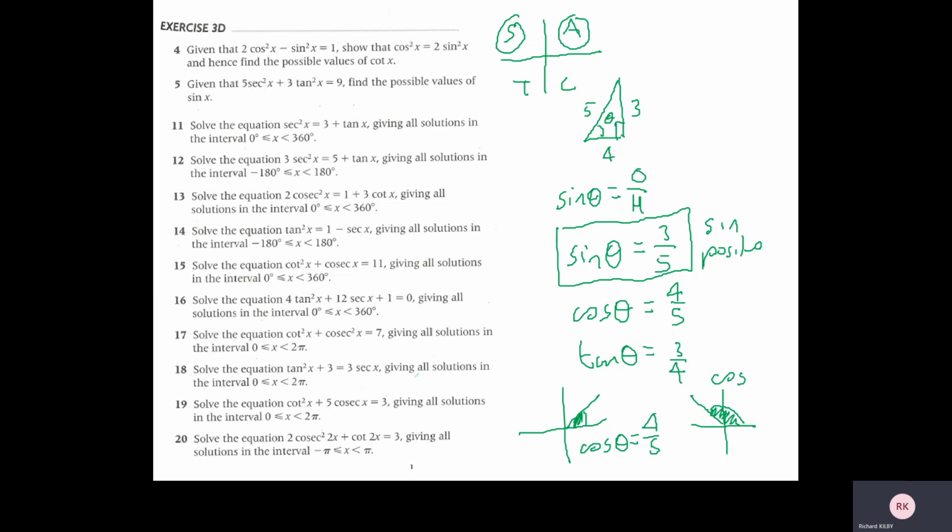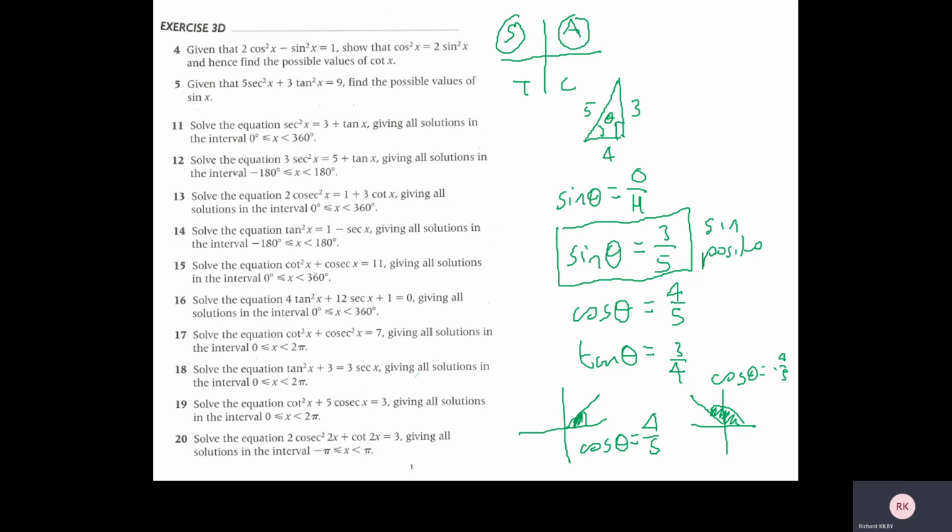So cos theta could also equal minus 4/5. If we're not told the angle is acute or obtuse or reflex, if we don't know which quadrant it's in, we have to consider that just because sine theta is 3/5, it doesn't mean that necessarily cos and tan are positive as well.